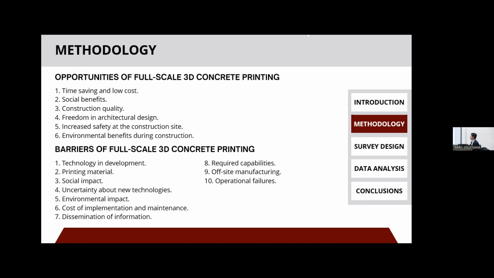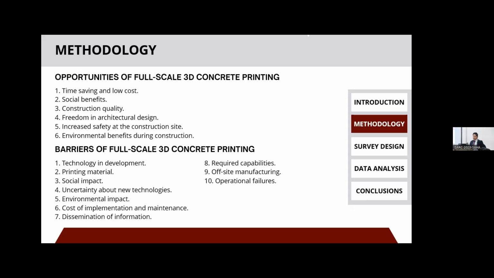Barriers, we have 10 barriers. First, technology development in our country. Printing materials, you have to mix maybe a kind of soil with cement, another organic material. Social impact, uncertainty about new technologies, environmental impact, cost of implementation and maintenance related to the machine, and dissemination of information.